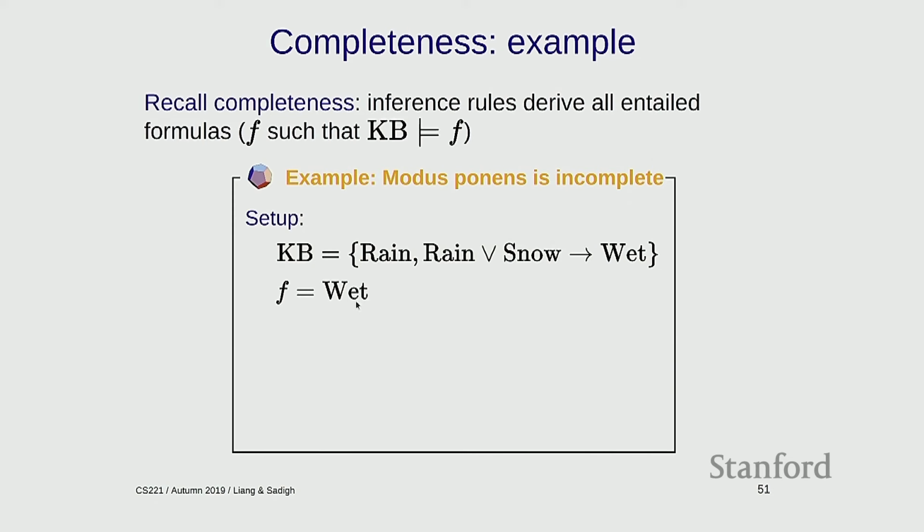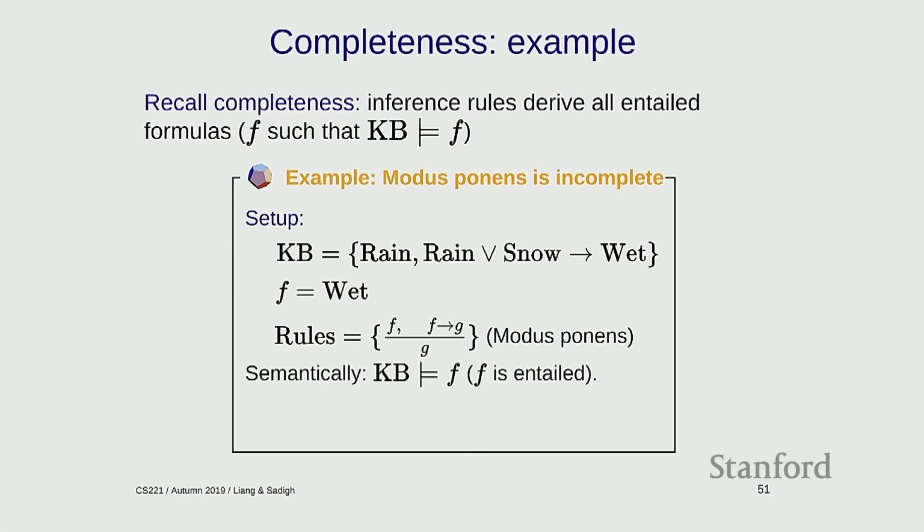Is wet entailed? So it's raining, and if I know it's raining or snowing, then it should be wet. How many of you say yes? Yeah, it should be entailed, right? But what does modus ponens do? Well, all the rules look like this.